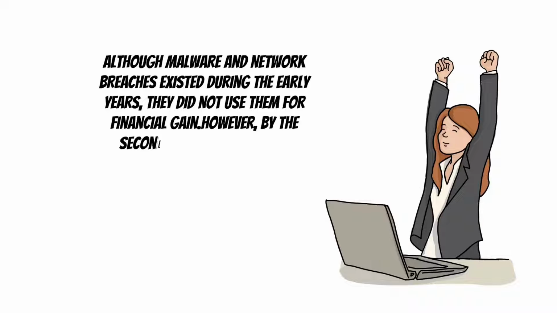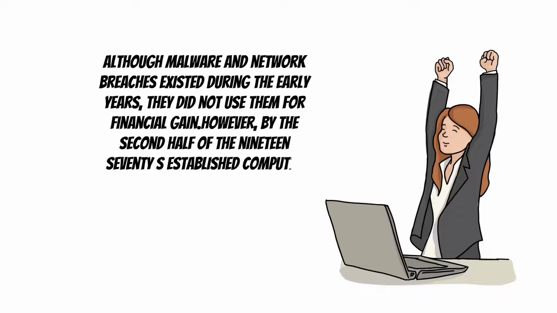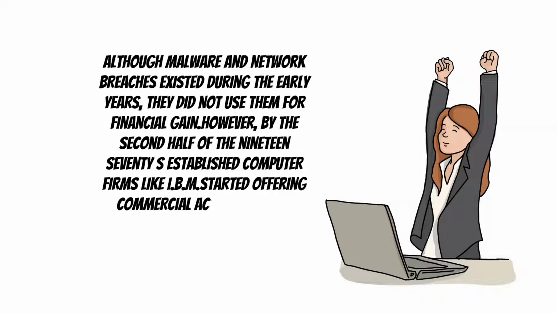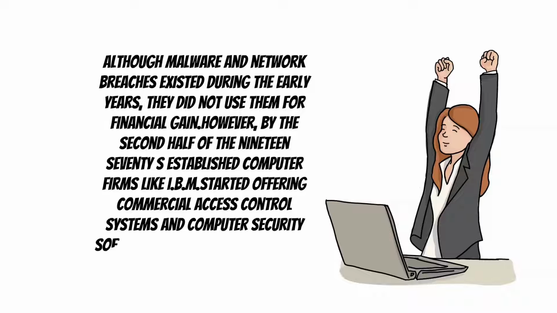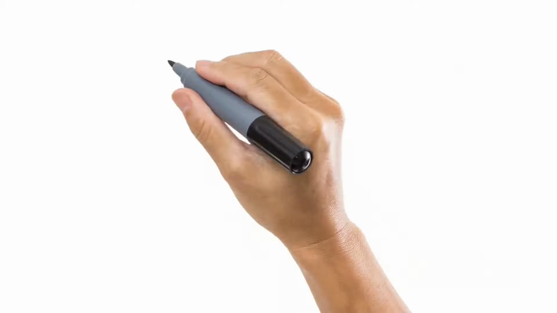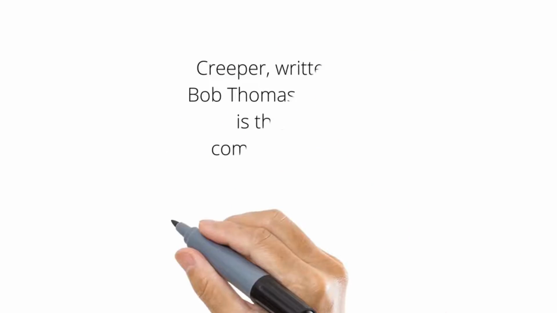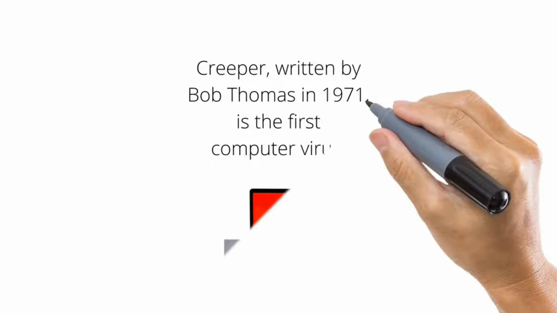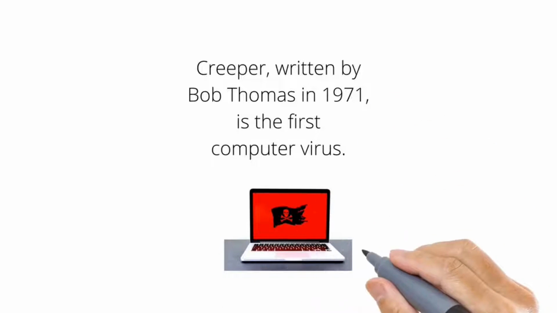However, by the second half of the 1970s, established computer firms like IBM started offering commercial access control systems and computer security software products. It started with Creeper in 1971. Creeper was an experimental computer program written by Bob Thomas at BBN.